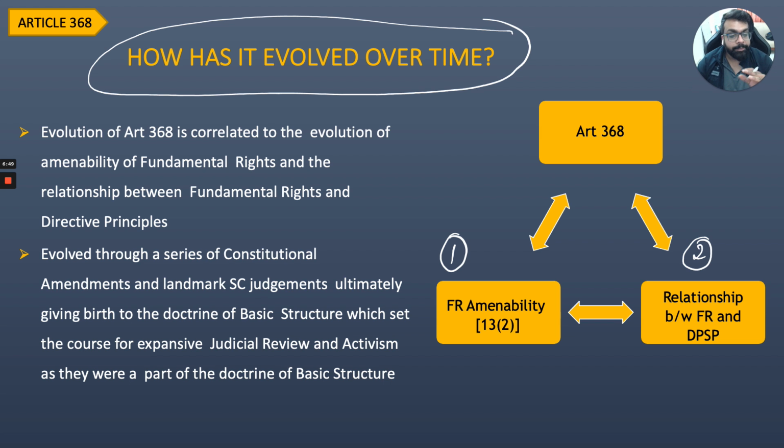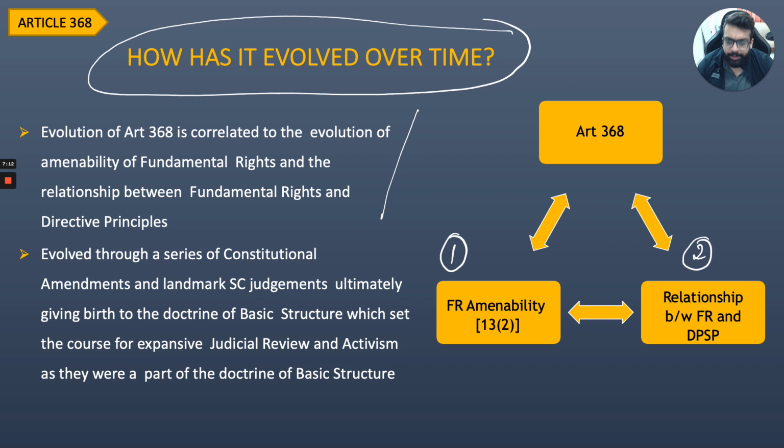Why? Because if you can change a fundamental right, that means you can change anything in the constitution, so it has an impact on 368. Secondly, if you can implement a directive principle and override a fundamental right, you're also impacting the constitution, which is why it impacts 368.